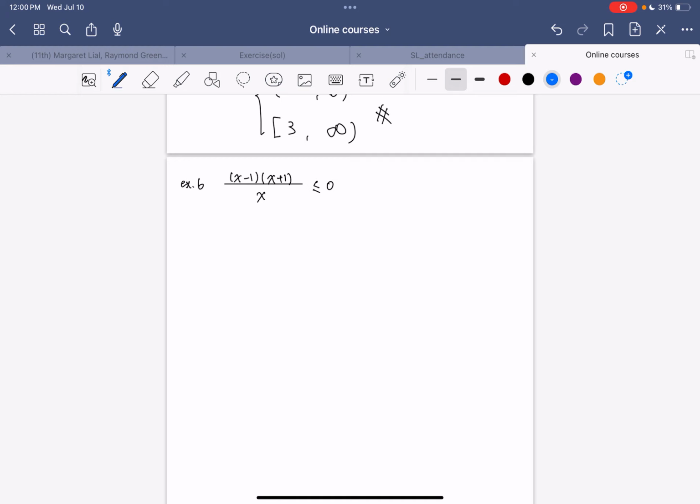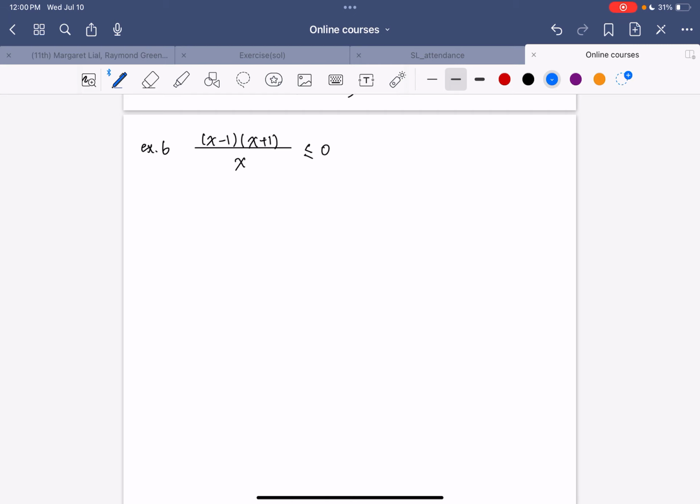So, as we mentioned, in rational inequality, we have to note that the denominator cannot be 0. So x cannot be 0. And then we start to calculate in polynomial. x minus 1, x plus 1 divided by x equals 0. We times each side by x.